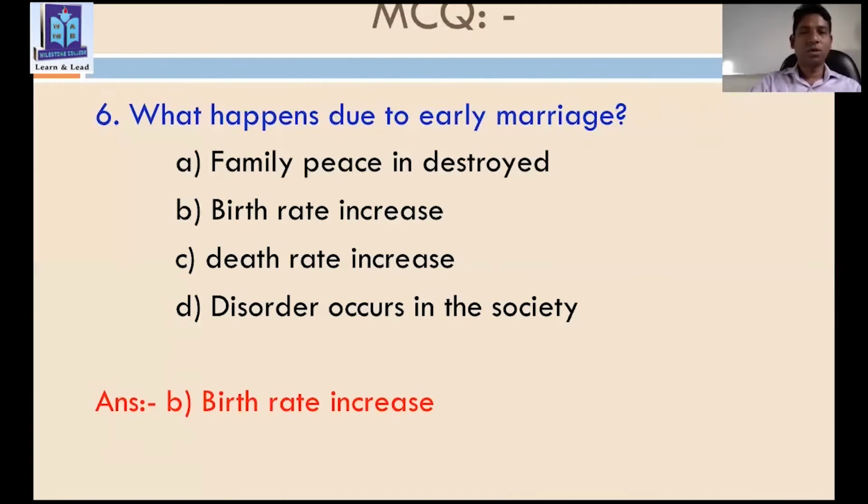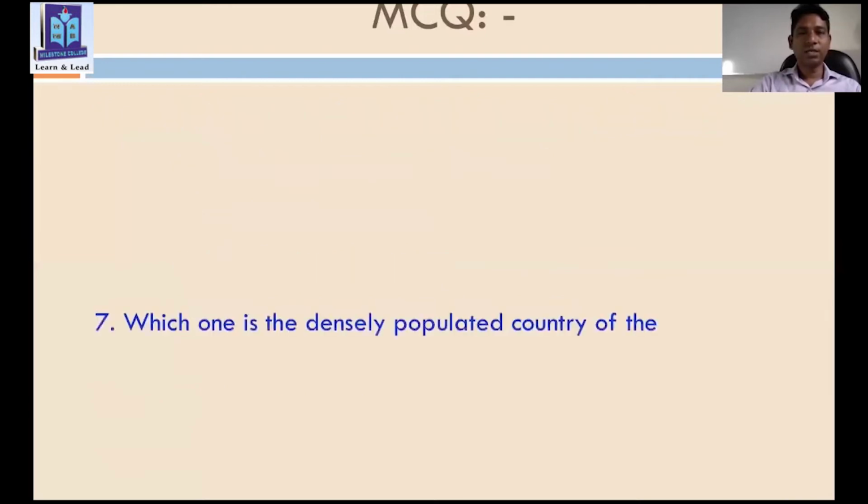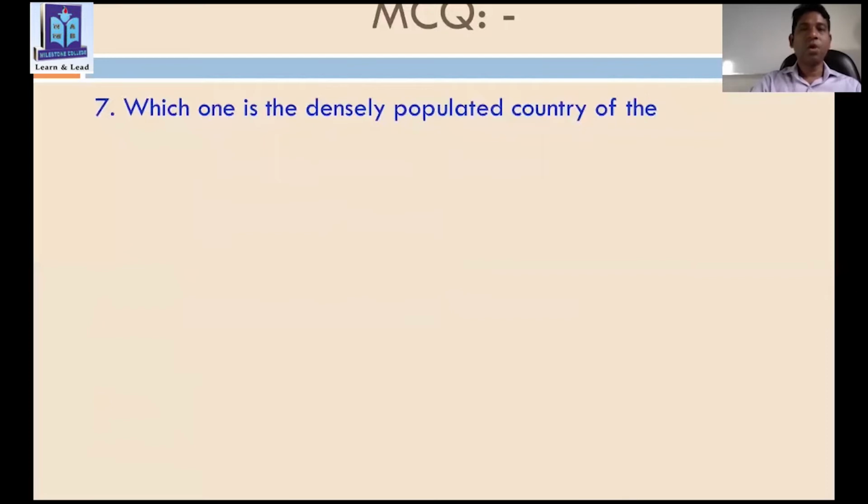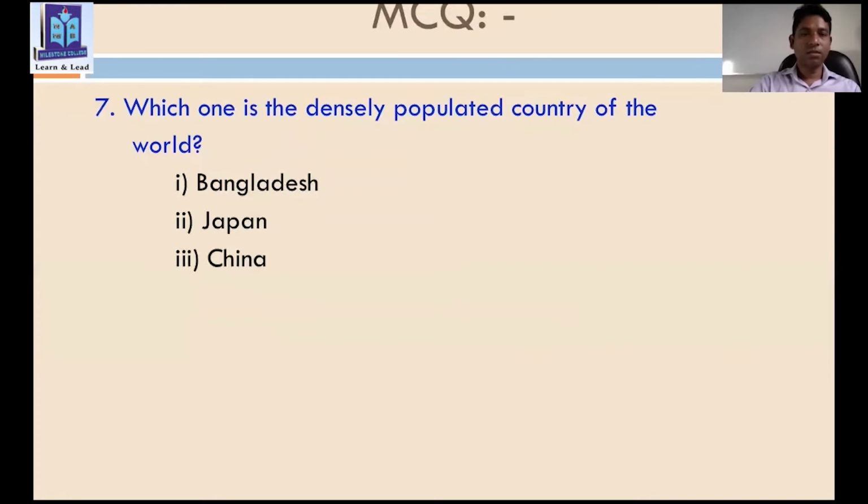Now move to the next question here. Number 7. Which one is the most densely populated country of the world? Bangladesh, Japan, China.